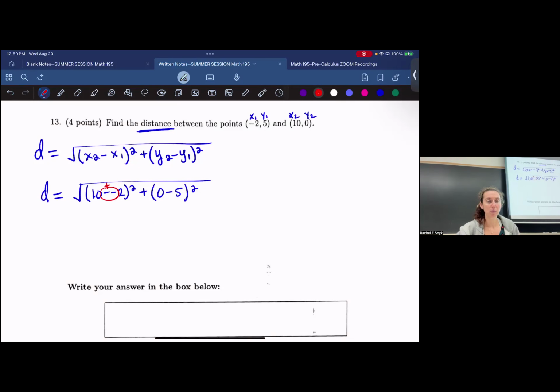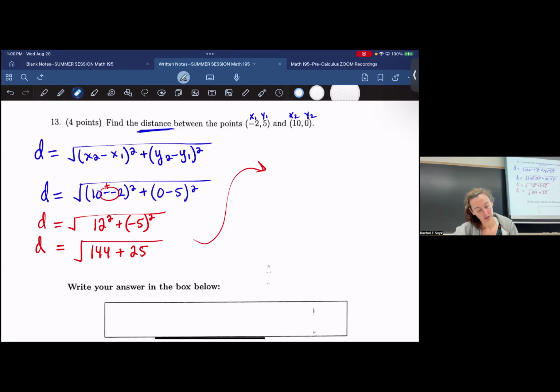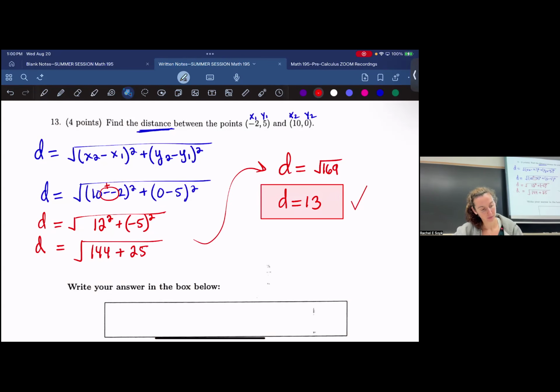The two negatives become a positive, so we're essentially just looking at 12 squared plus (-5) squared, which is 144 plus 25, which gives you 169. The square root of 169 is just 13. And we're done.